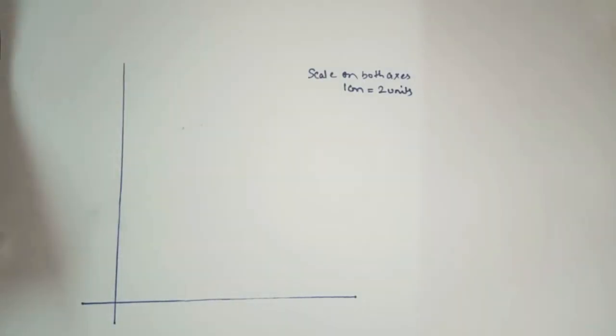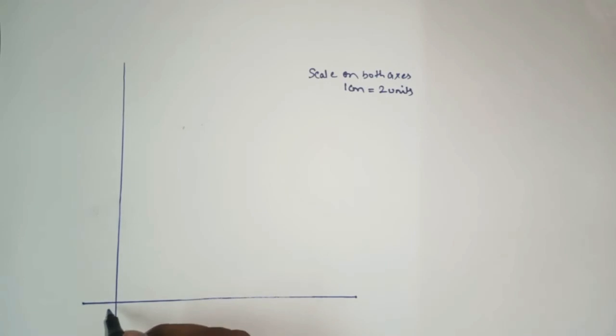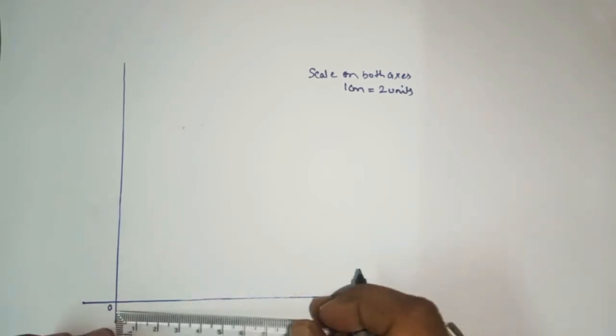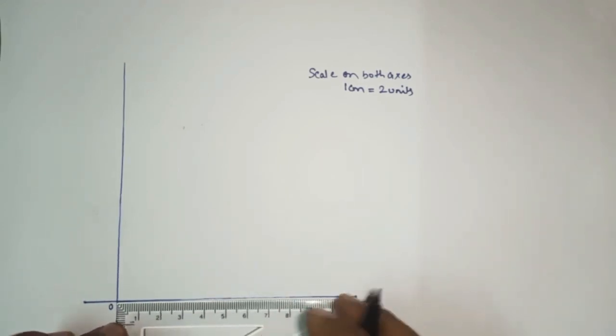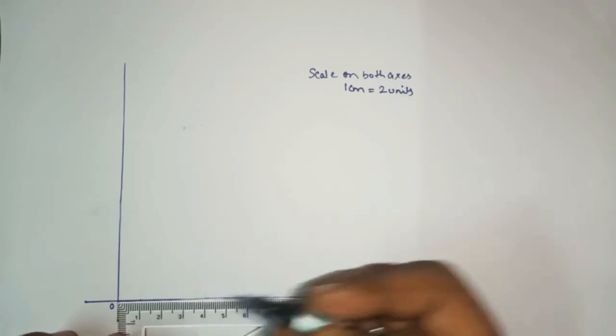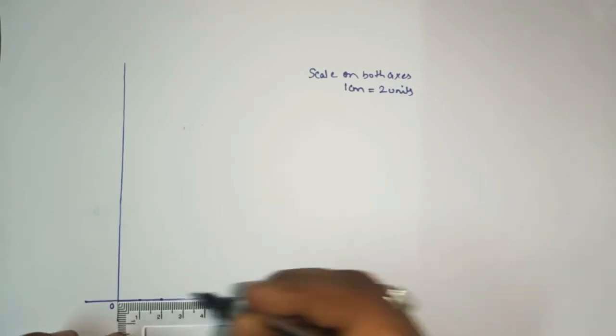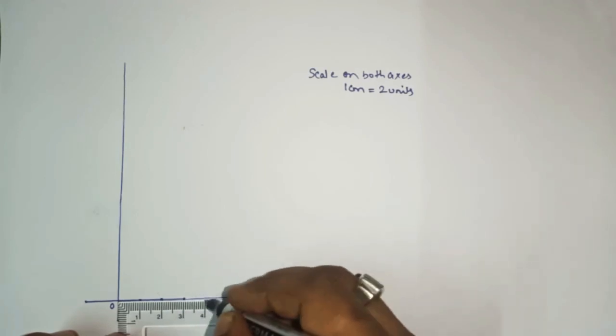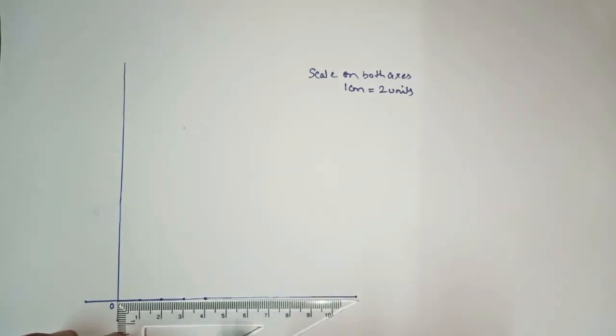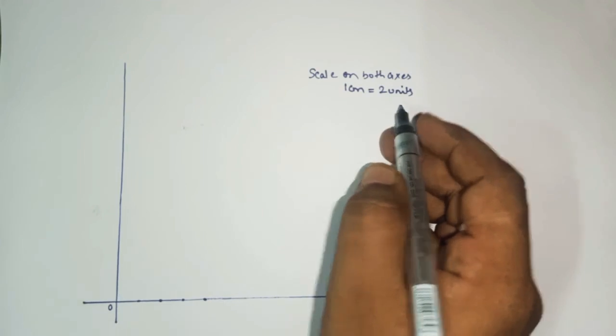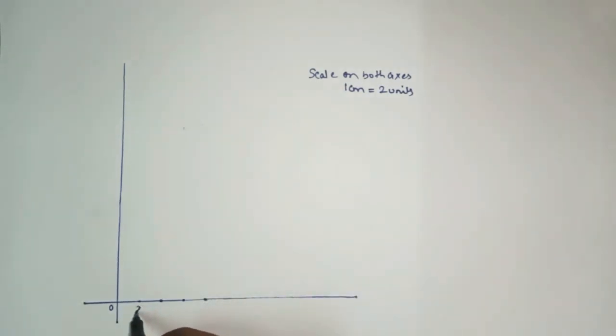It means this is 0. So this is 1 centimeter, and from here to here again it is 1 centimeter. So 1 centimeter equals to 2 units. It means here the values will be 2, 4, 6, 8.